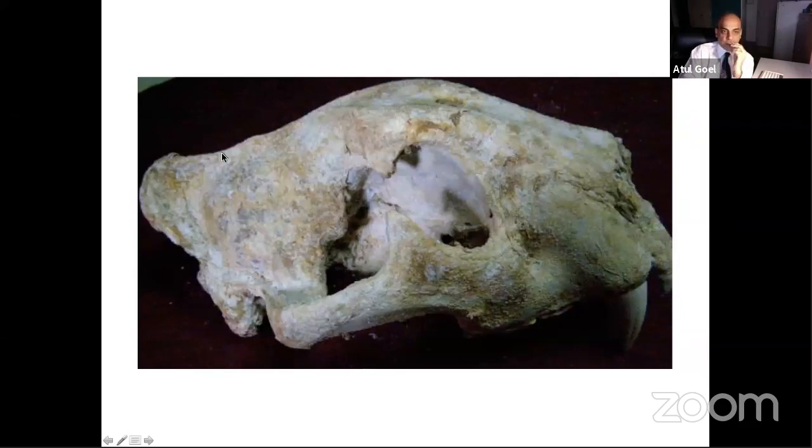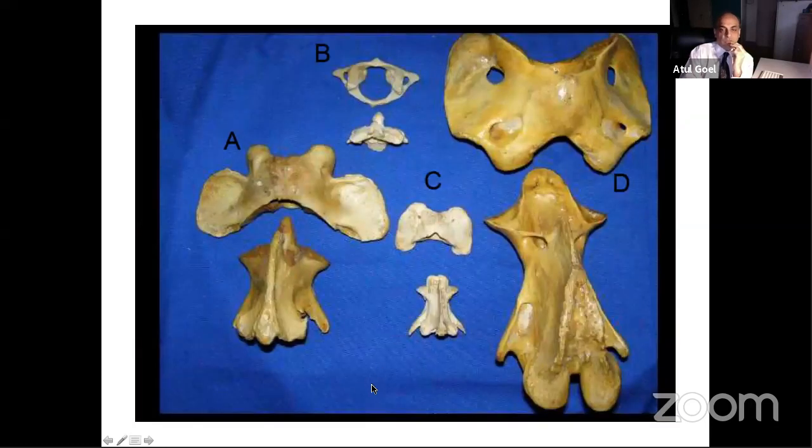And you see the occipital notch, much huge and bigger, giving attachment to the strong suboccipital muscles. So that is the beauty of the odontoid process in carnivorous animals and in herbivorous animals.